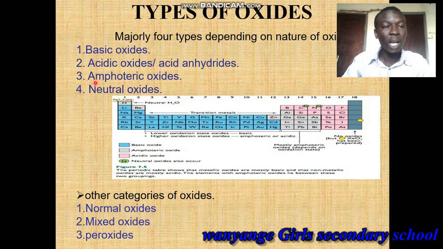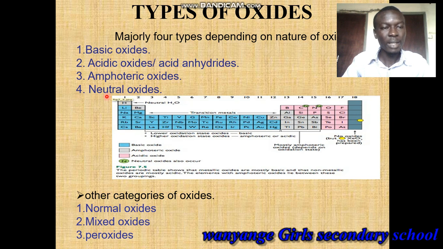Then we have amphoteric oxides. Amphoteric oxides are also metal oxides like basic oxides. However, amphoteric oxides are oxides of metals which are closer to the non-metals in the periodic table, as we shall look at. Then we have neutral oxides.